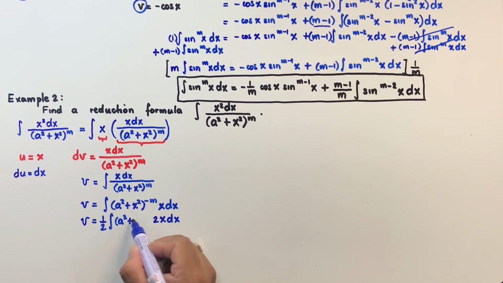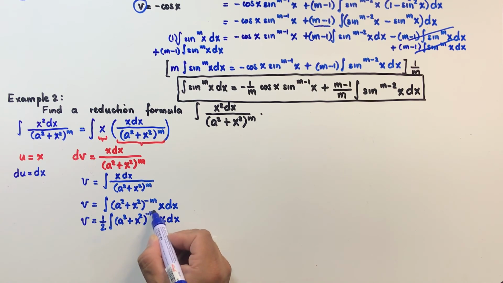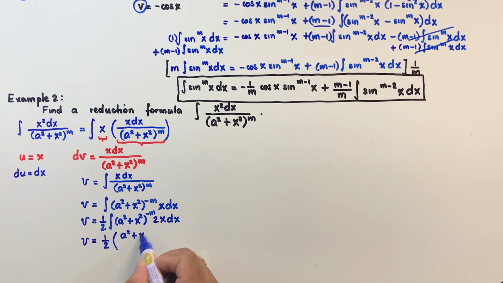So this is a squared plus x squared to the power negative m times 2x dx, because 1/2 times 2 is just a 1. So solving for the integral of this using the power rule is just 1/2 times the fraction of a squared plus x squared to the power negative m plus 1 over negative m plus 1 here.